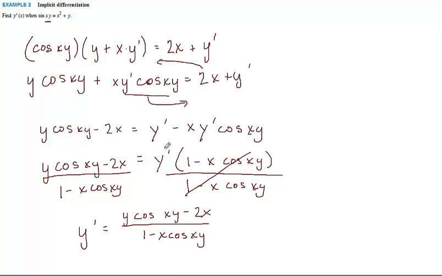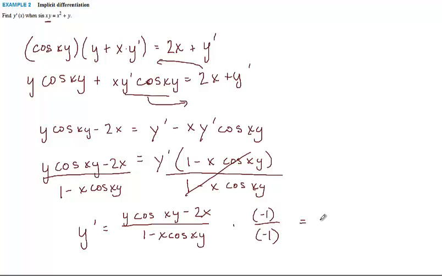Now I want you to notice that when I move these things over, I could have just as easily moved this term over to the other side and the y prime over. So you'll notice that sometimes somebody else's answer or the book's answer might be exactly opposite in sign of yours. That's because you could multiply top and bottom by a -1, right?